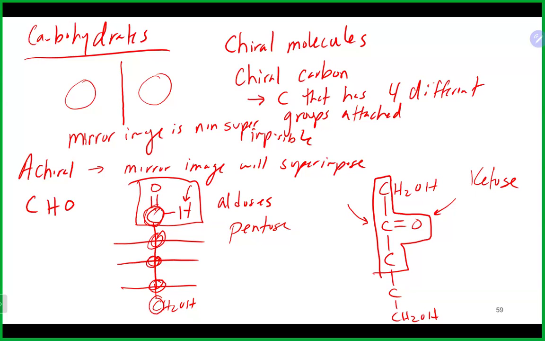Now, monosaccharides like glucose, fructose, and so forth will also turn themselves into cyclic structures, and they'll close up the ring on itself. They will typically make one of two cyclic rings.